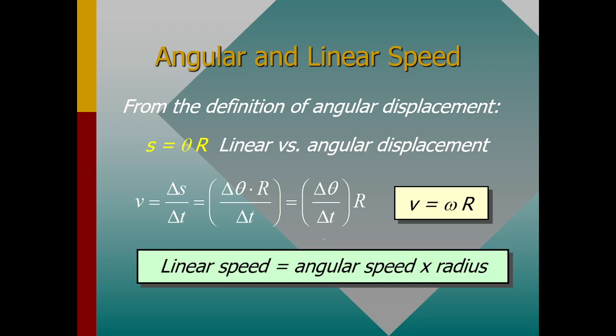So linear speed is equal to angular speed times the radius. Please take note of this formula.